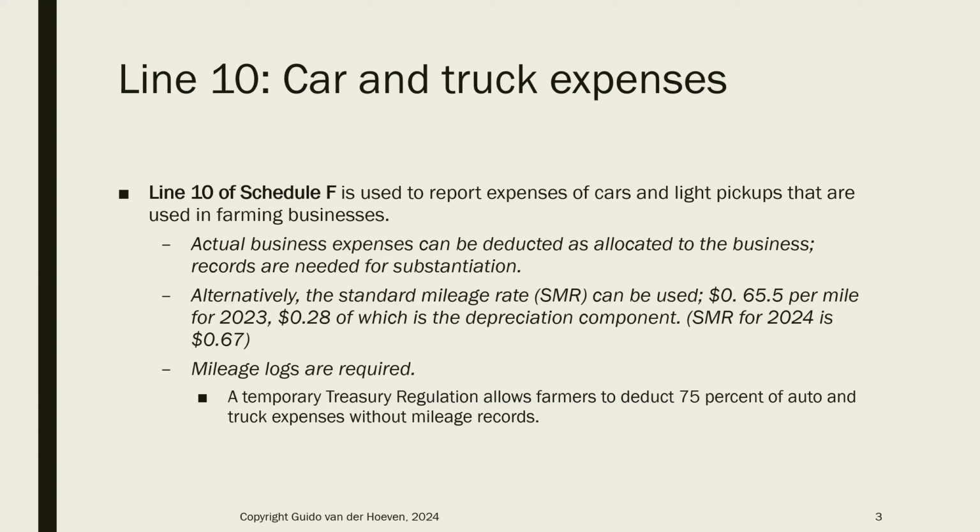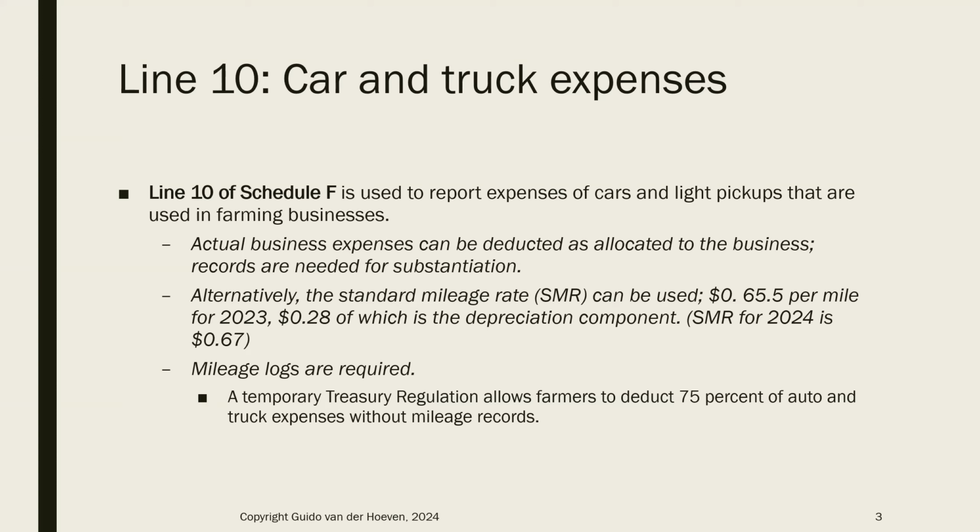As part of that value per mile, 28 cents in 2023 is a depreciation component, and 30 cents per mile is the depreciation component for 2024. That is important to keep track of if one ever disposes of or sells the vehicle.